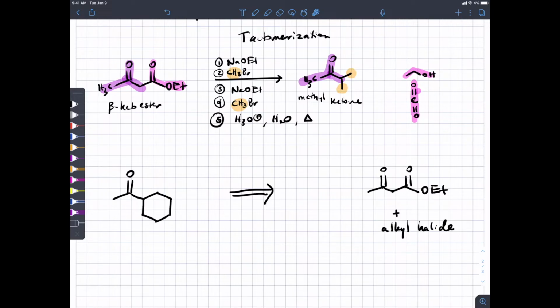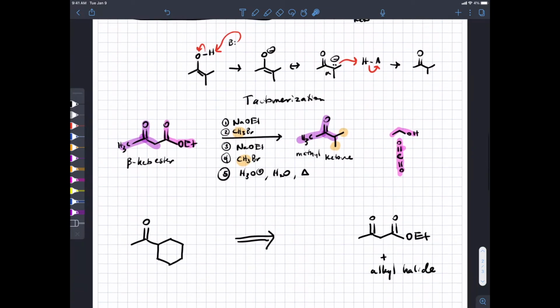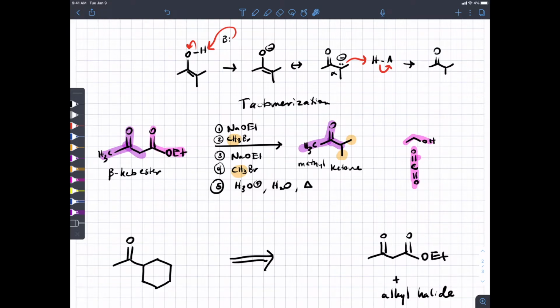Now let's actually take a deep breath and look at what we've done before and look at the similarities between the molecule we made before and this molecule. All you have to do is have some other stuff here, and then it's the same thing.